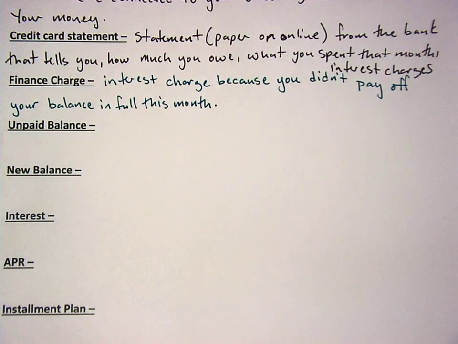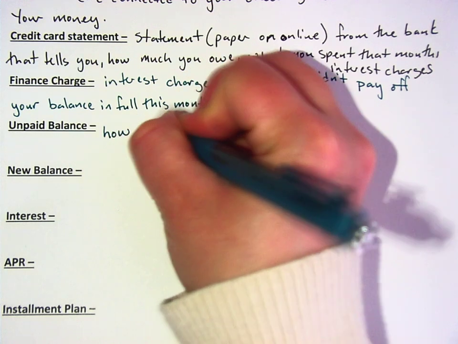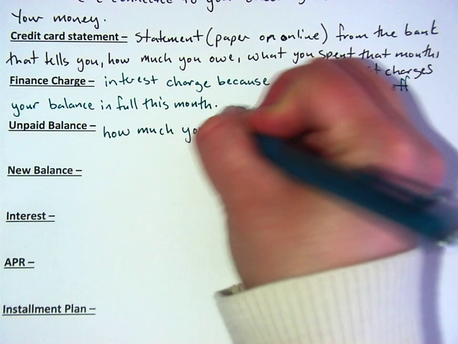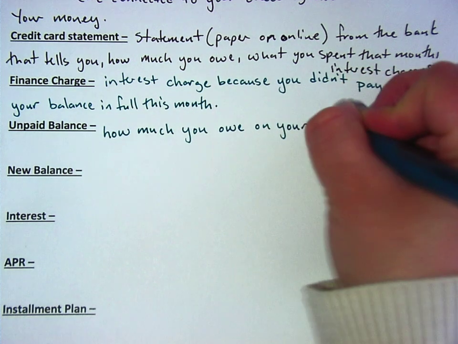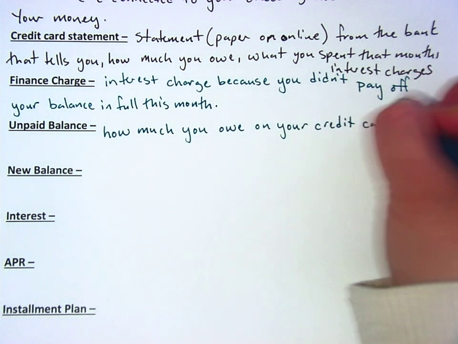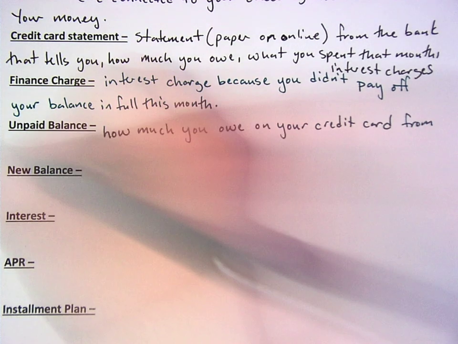What do you think an unpaid balance is on a credit card? What'd you say? Something you didn't pay back? Yeah, this is how much you owe from the previous month.